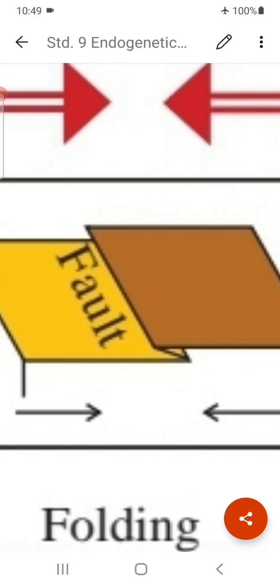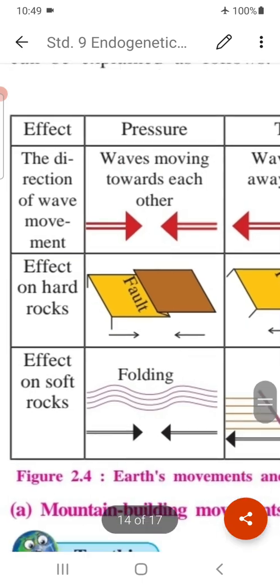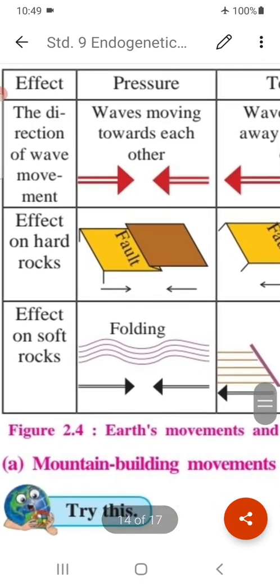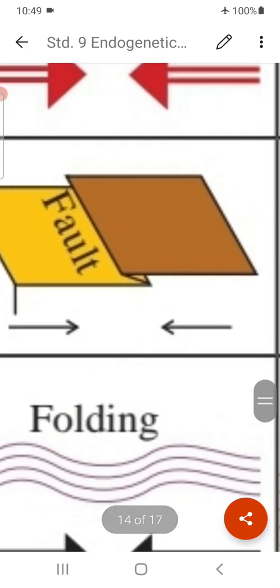And when pressure increases from internal pressure, that is not external, that is internal pressure down the earth's surface, and when this pressure increases on the upper side, what happens? Hard rocks do fold, they fold here, and soft rocks, they fold in this type. Can you see here? This type. And hard rocks fold this type.